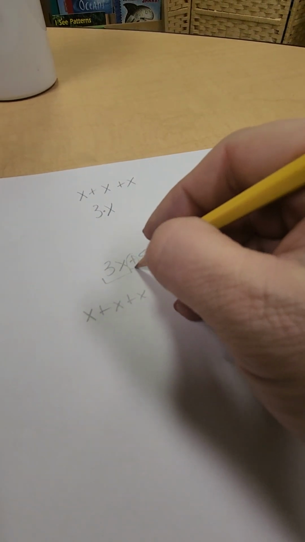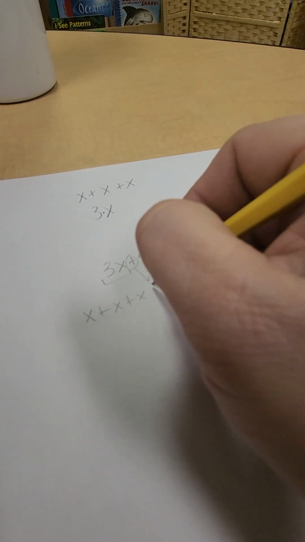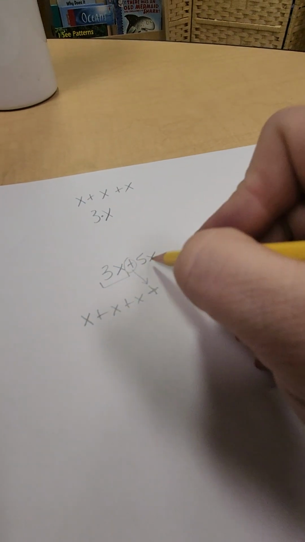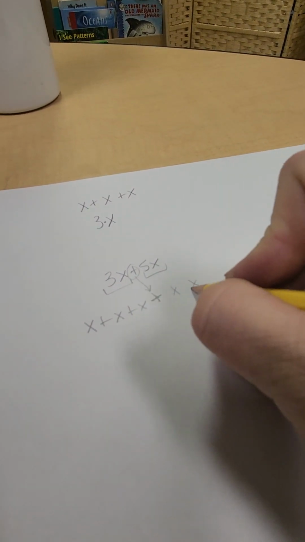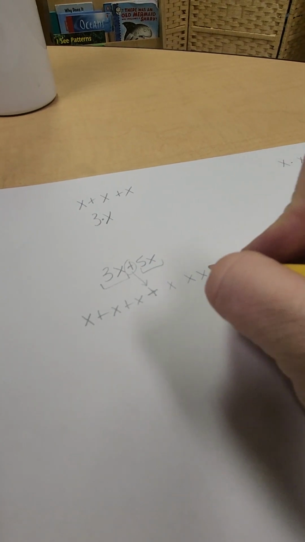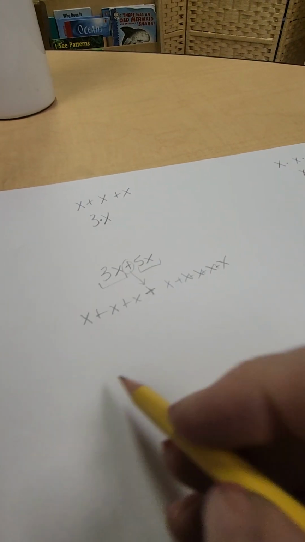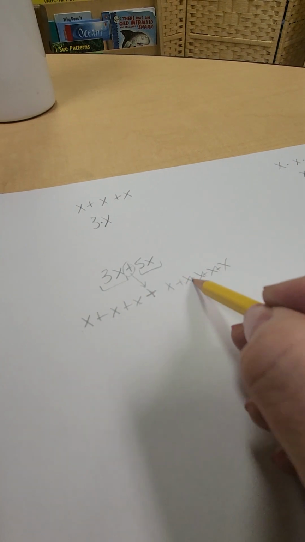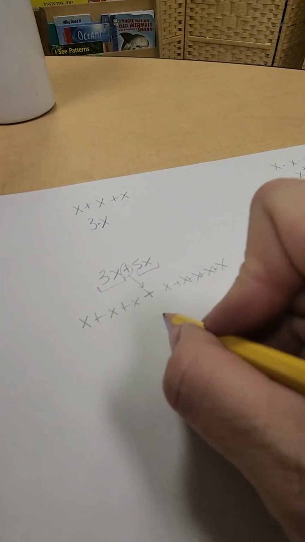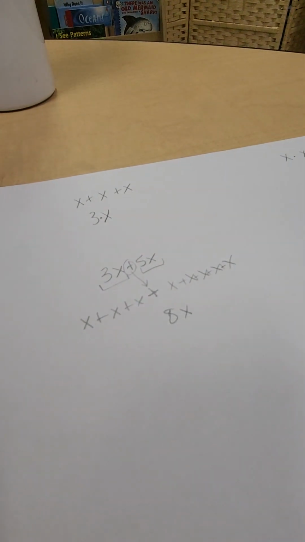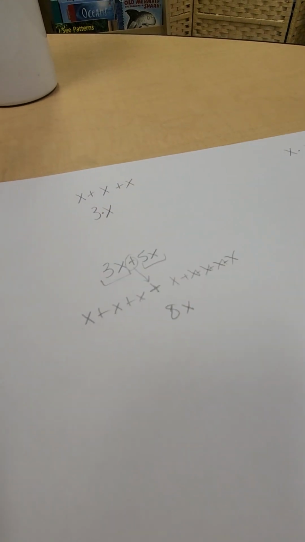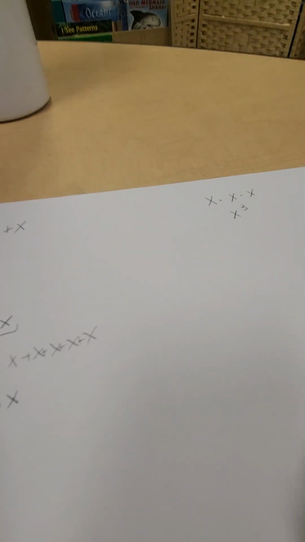This plus sign just comes straight down, and I'm going to have a plus sign here. And then I'm going to do 5x: 1, 2, 3, 4, 5, adding it all together. Okay, so I have 1, 2, 3, 4, 5, 6, 7, 8, all added together. This is 8x. So if I have 3x plus 5x, that is 8x.